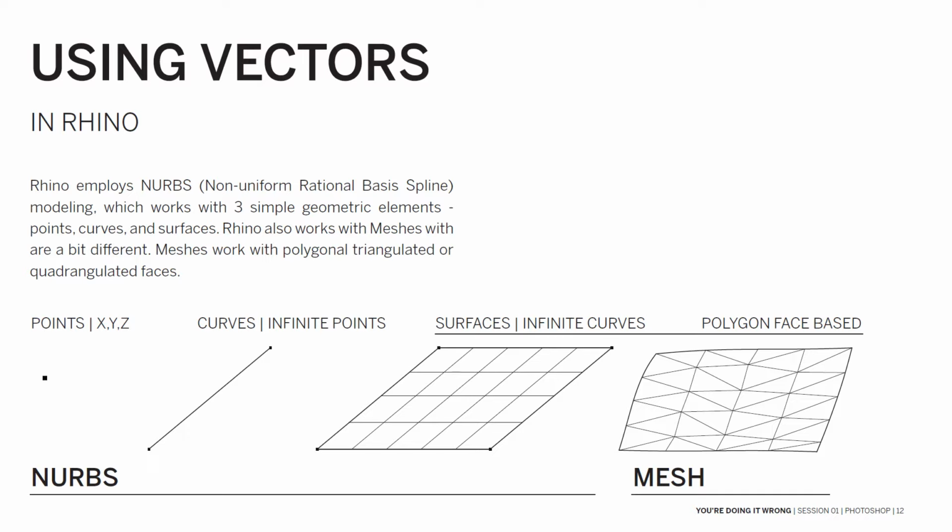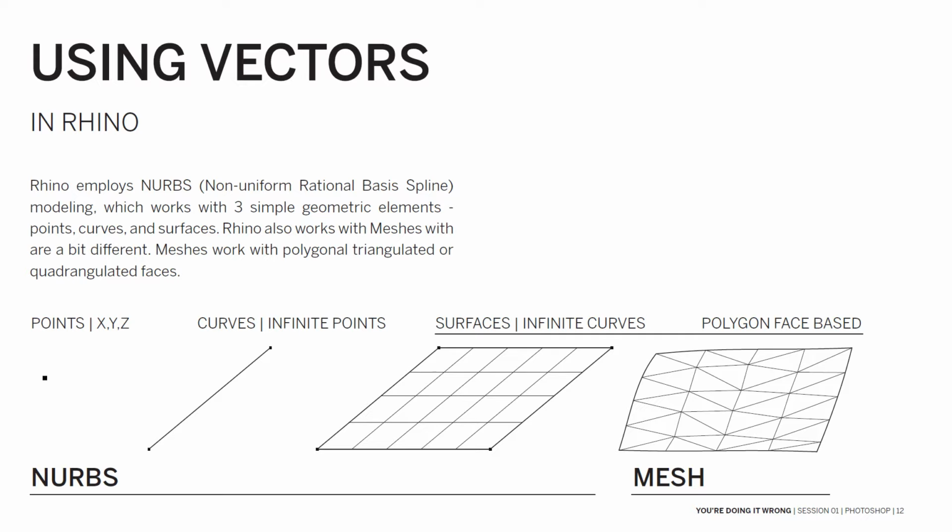Let's talk about how vectors are used inside Rhino. Rhino employs what's called NURBS modeling. And don't worry about what NURBS actually stands for. What's important to note is the different aspects of NURBS geometry and what they mean. Because when we get to the Grasshopper section, you're going to want to know deeply about the geometry that you're manipulating for you to be able to tell a computer how to do something.